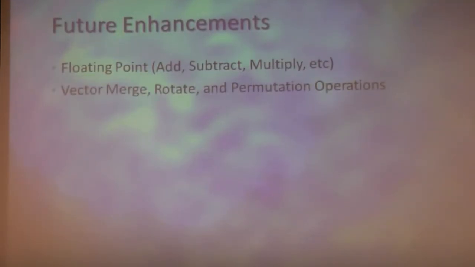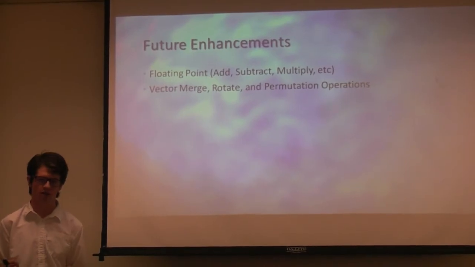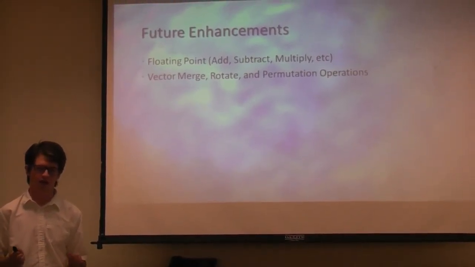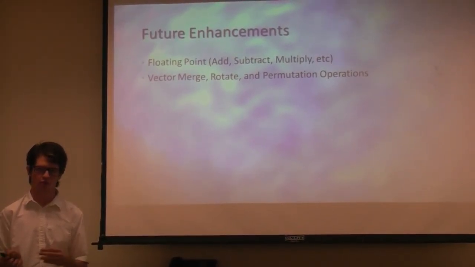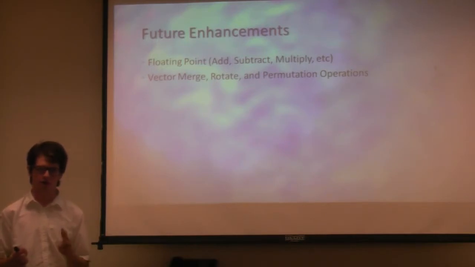So future enhancements would be floating point. We're planning on adding 64-bit floating point data, and that would be both in a coprocessor, so we would have 3 processors, the integer data path, the SIMD data path, and the floating point. But we would also modify the vector data path in order to incorporate floating point into it as well.